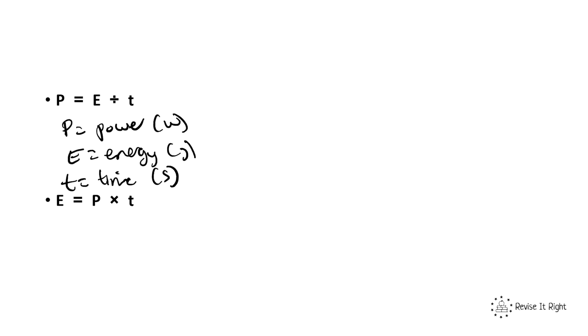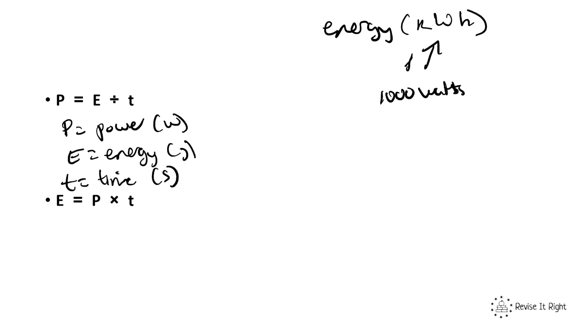However, there is an alternative unit for energy. Energy can also be kilowatts per hour. This means that 1 kilowatt is equal to 1,000 watts. So a kilowatt is 1,000 watts per hour.